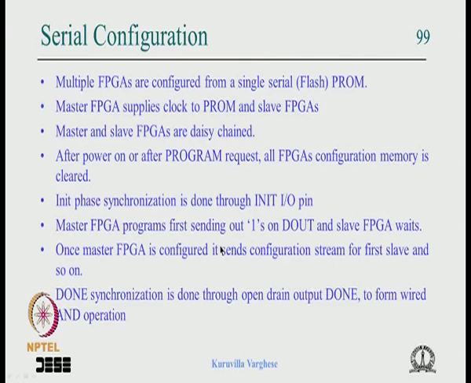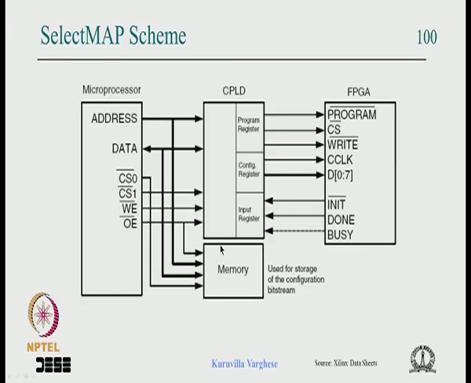All what I have done is elaborated, and the select map scheme where you have a CPU and you have an FPGA. Normally you have a synchronous byte wide or 2 byte wide data to program the FPGA, and these are the pins.